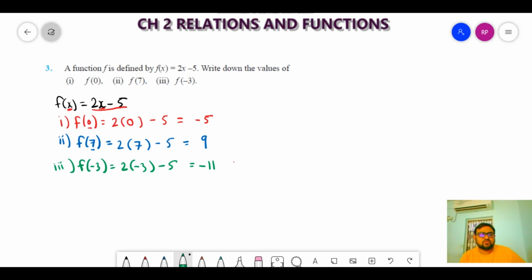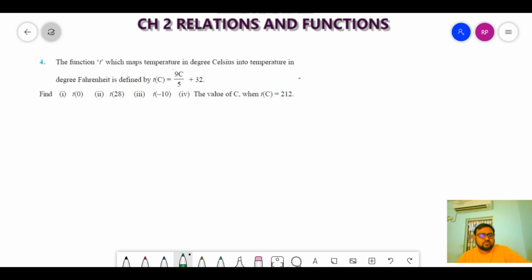Okay, now let's move to the next question, that is question number 4. Here the function T maps the temperature in degrees Celsius into temperature in degrees Fahrenheit, defined by T(C) = 9/5 C + 32.